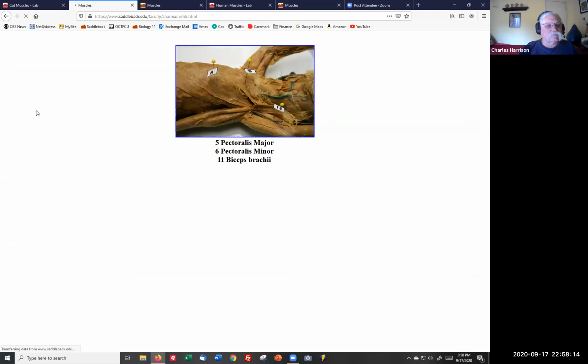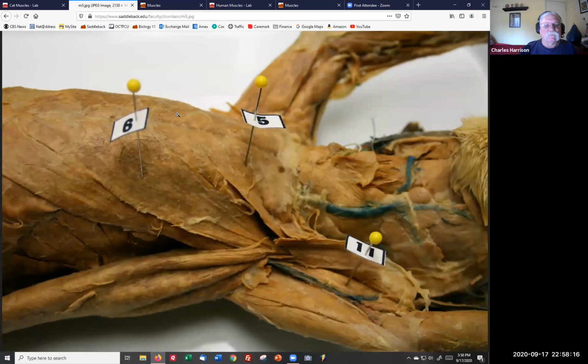The pectoralis major and minor. The orientation is different in the cat than in the human. So here's one where we get the question, well, why do we bother doing it then at all? We do it for the dissection experience, which is usually required by nursing schools that you go to.